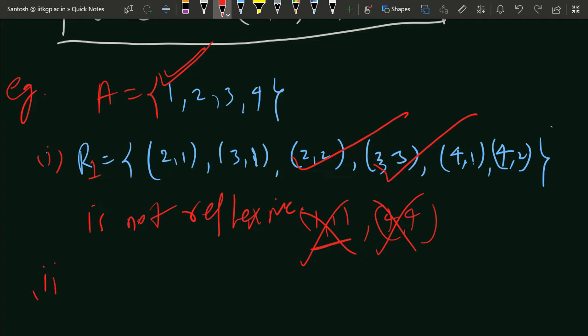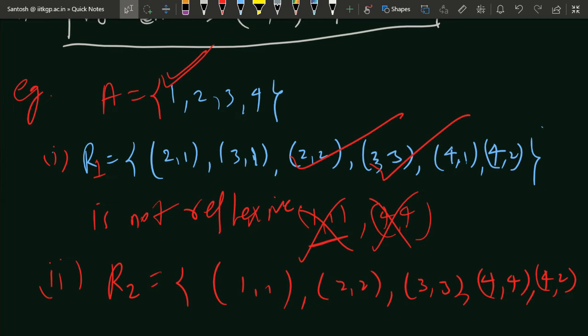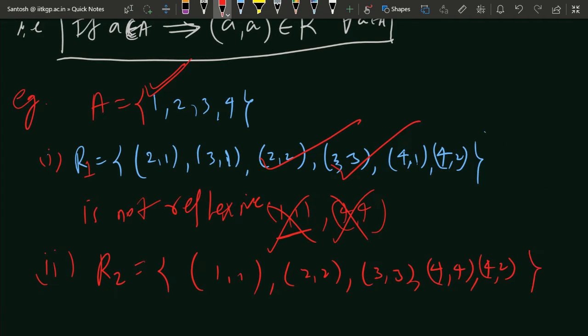Okay. Second one, if I write R2 as, suppose, (1,1), (2,2), (3,3), (4,4) and (4,2), suppose like this. So is it reflexive now? Yes, sir. So yes, this is reflexive because 1 is related to 1, 2 is related to 2, 3 is related to 3, and 4 is related to 4.